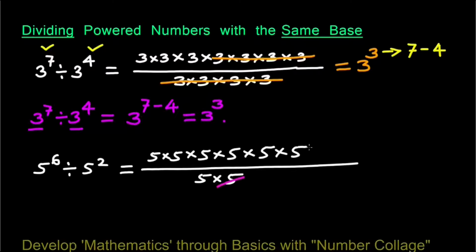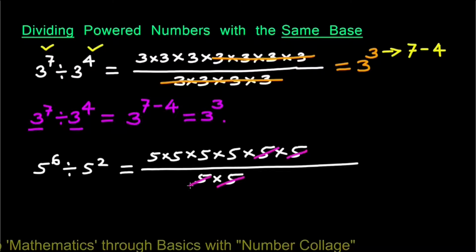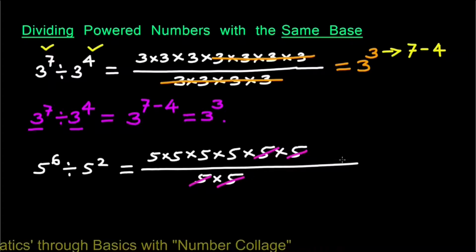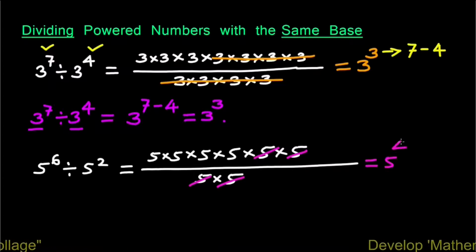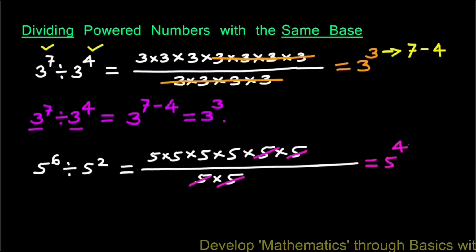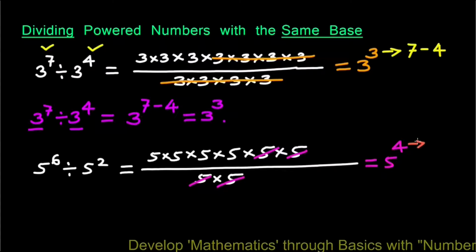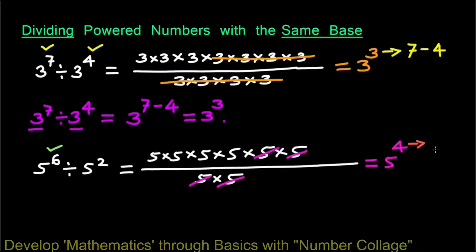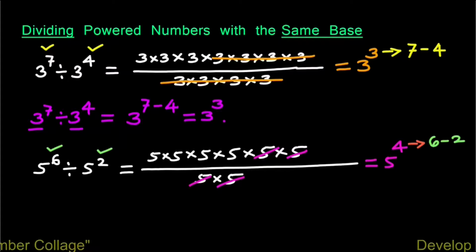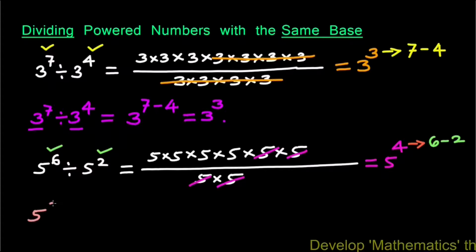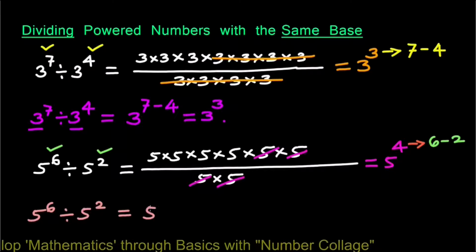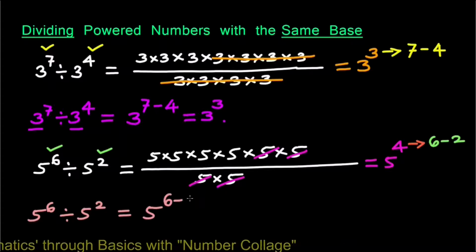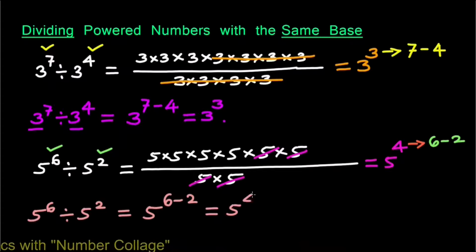Now here this 5 and this 5 cancel with each other, and we are left with 5 multiplied by 5 multiplied by 5 multiplied by 5, which is 5 raised to 4, and this exponent 4 is obtained by subtracting this 6 minus 2. Therefore, we can directly write 5 raised to 6 divided by 5 squared equals 5 raised to 6 minus 2, which will be 5 raised to 4.